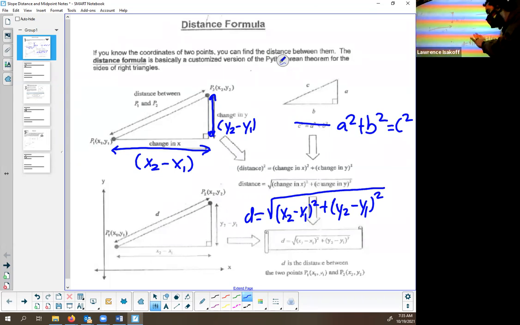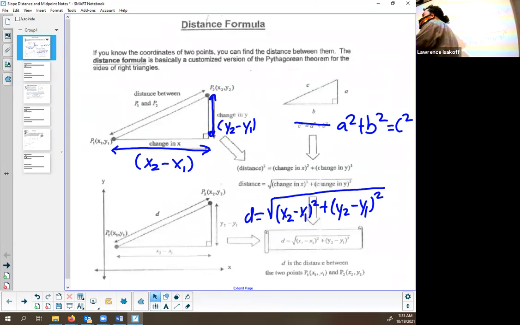So, hey, this formula looks big, right? You don't have to remember how it came to be. All we have to remember is what it is. So this is the distance formula.